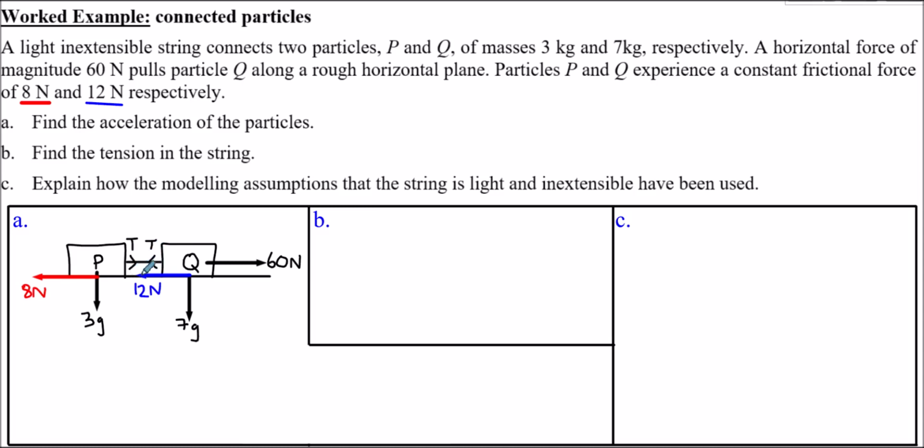That is a bit of a strange one to get your head around, but there you go. I can label these both capital T because the tensions are one and the same, the same magnitude at least, different directions.